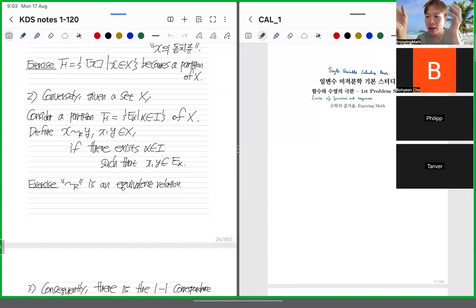Last week, in the YouTube video from Professor Cho, he slightly mentioned that the relation doesn't always have to be homogeneous to make an equivalence relation. But we thought it is ambiguous to define what reflexivity means if we have different sets.